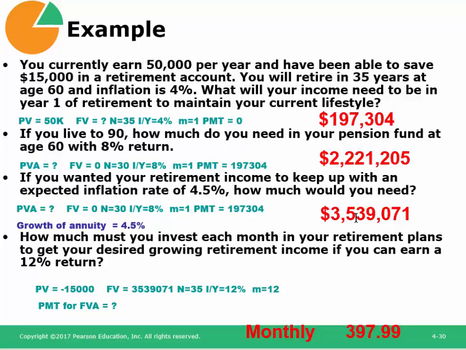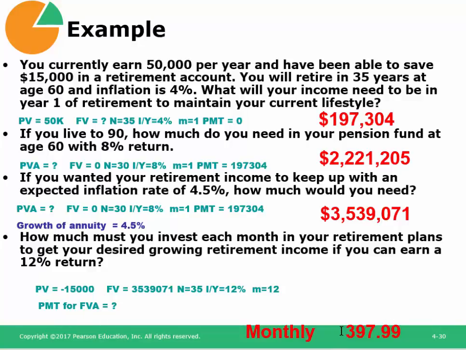The final question then is, if I need $3.5 million when I'm 60 to get this income for the rest of my life, how do I get there? What do I need to invest today to get there? If you remember the above example, you already have $15,000 invested, and we're going to assume a 12% annual rate of return from now to retirement. How much do you need to get this future value of an annuity?